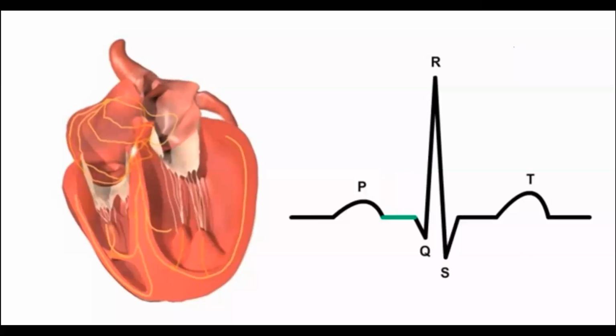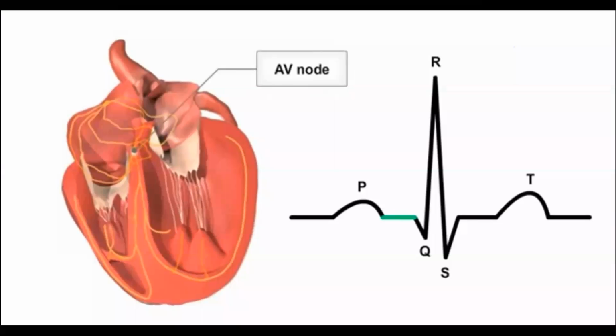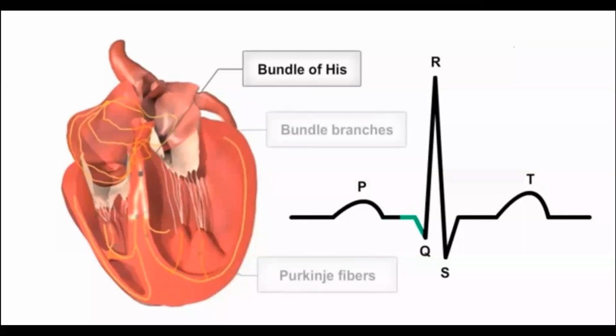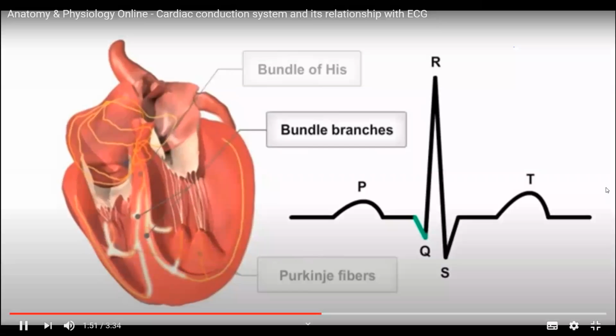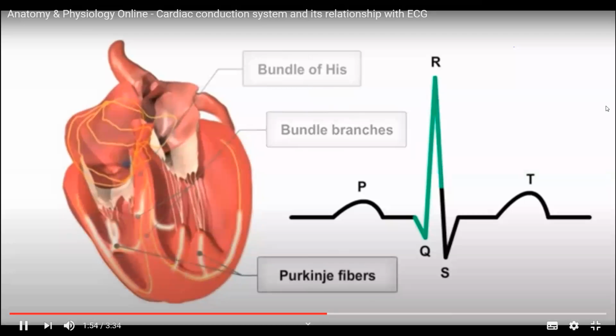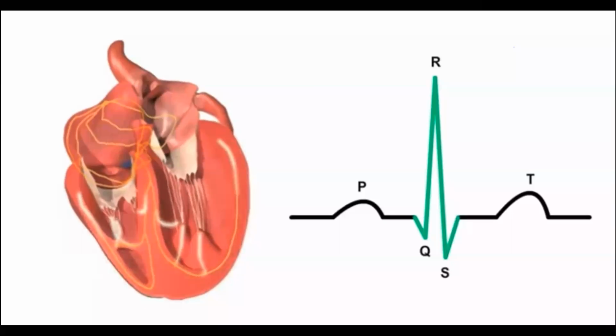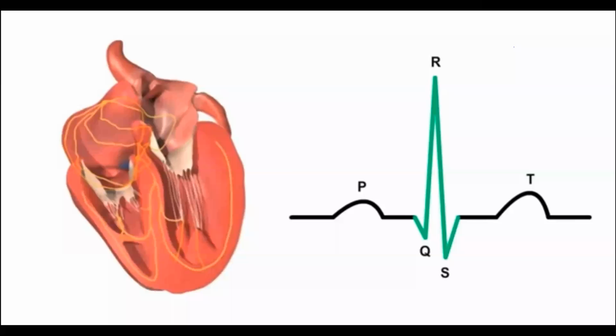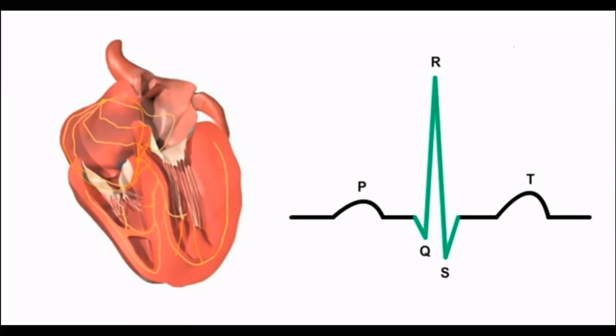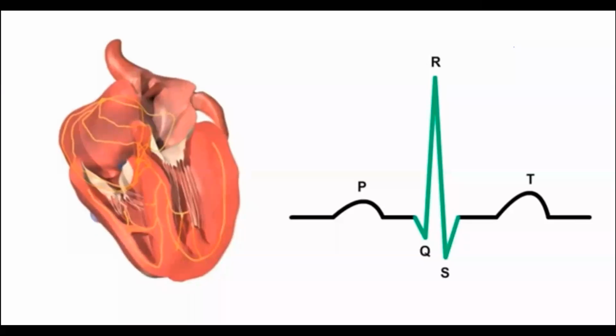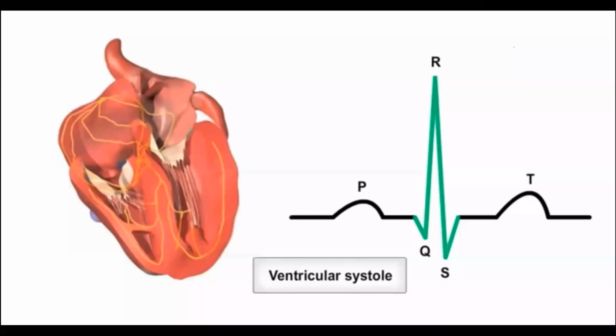When the signal leaves the atria, it enters the ventricles via the atrioventricular or AV node, located in the interatrial septum. It enters the bundle of His and spreads through the bundle branches and the large diameter Purkinje fibers along the ventricle walls. As the signal spreads through the ventricles, the contractile fibers depolarize and contract very rapidly, inducing ventricular systole.